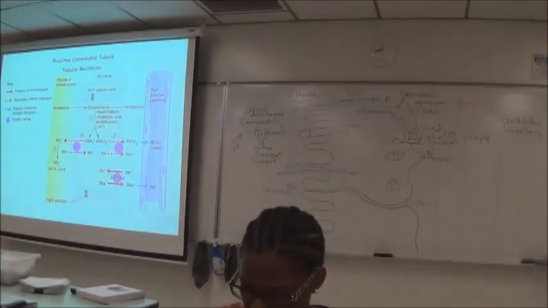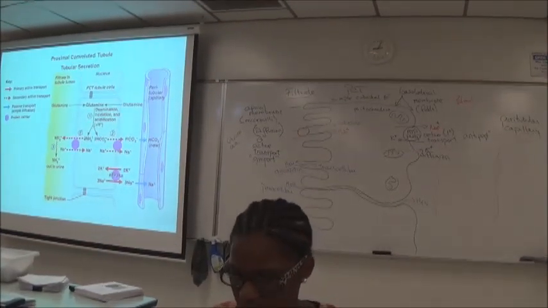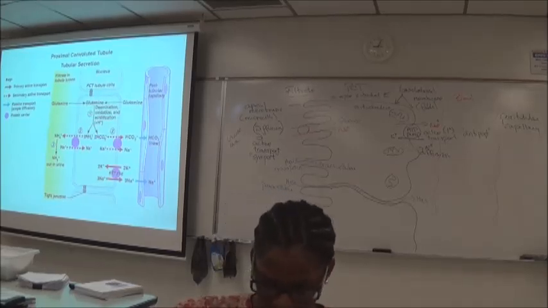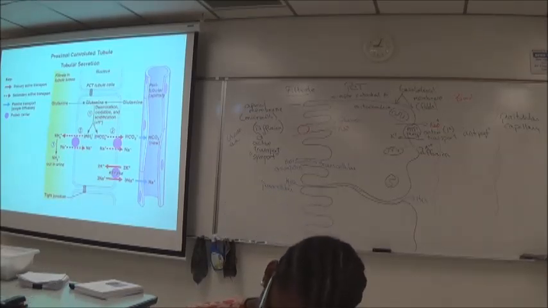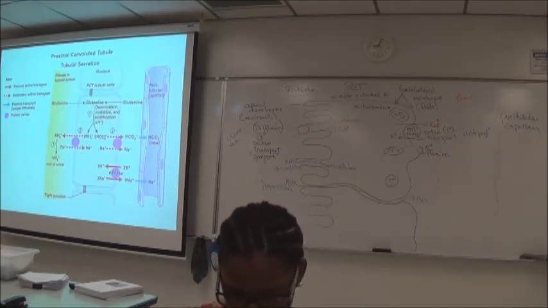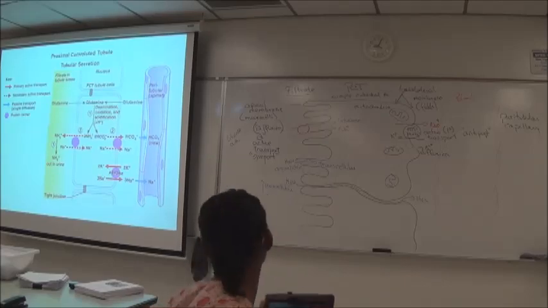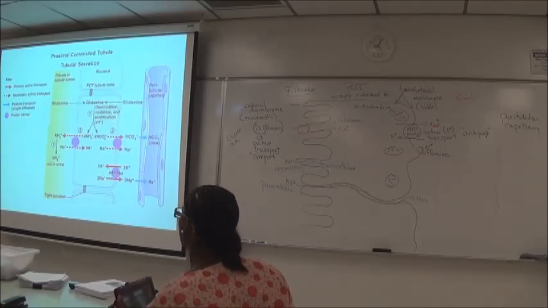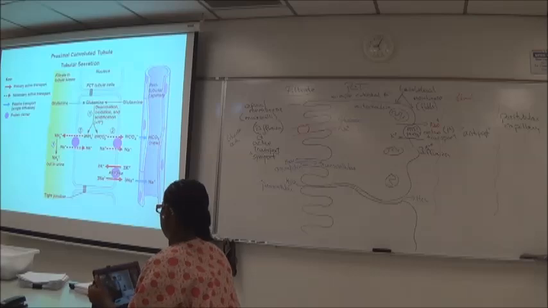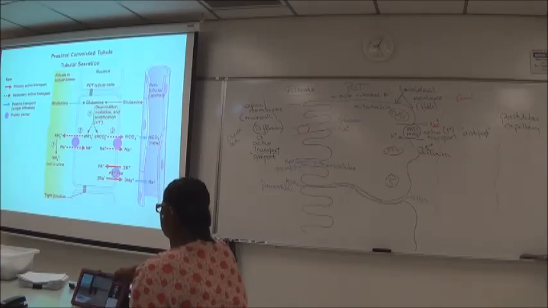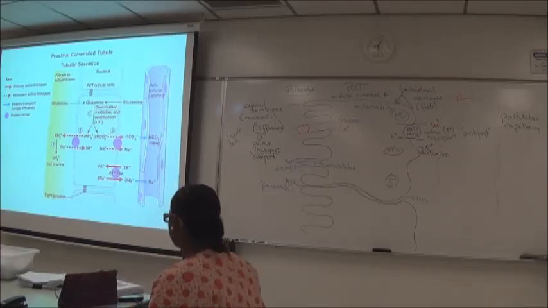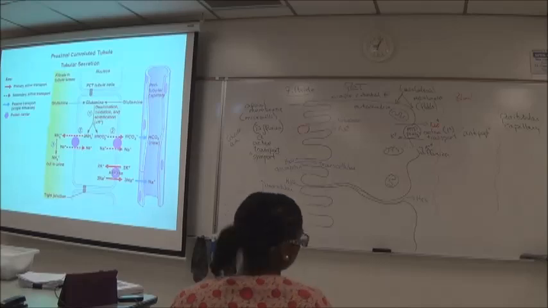So secretion, remember, is in the reverse direction of reabsorption. So we're on page 22 of your lecture notes. And secretion is when we take material that may not, some of it was filtered, all right, but some of it wasn't.